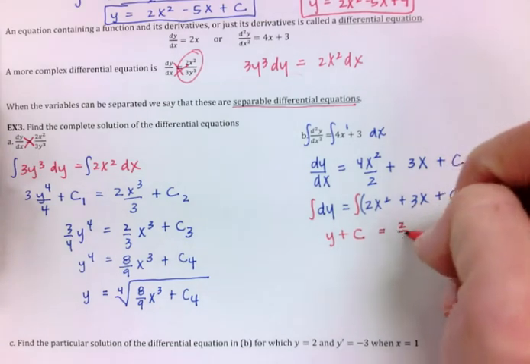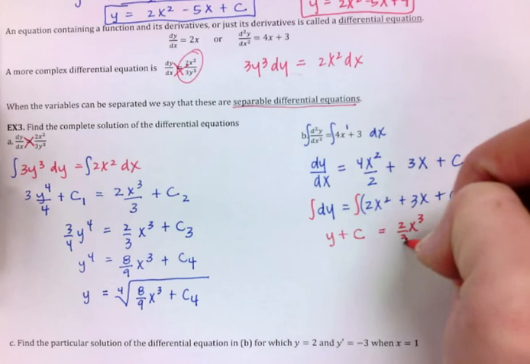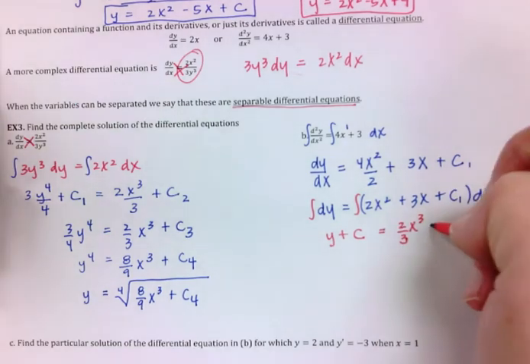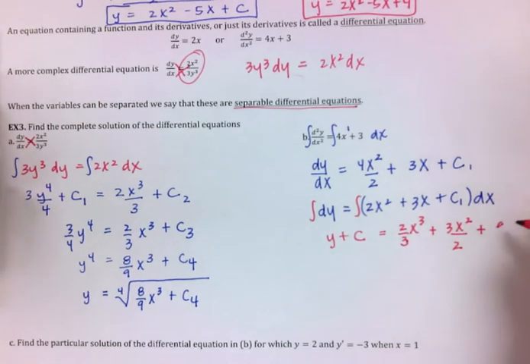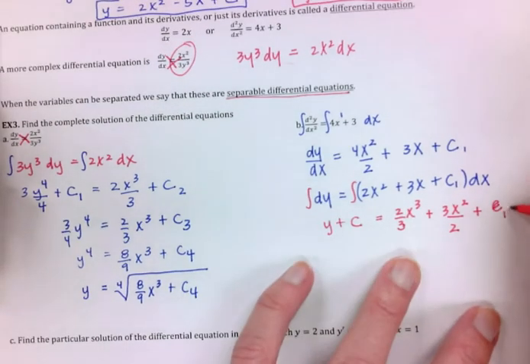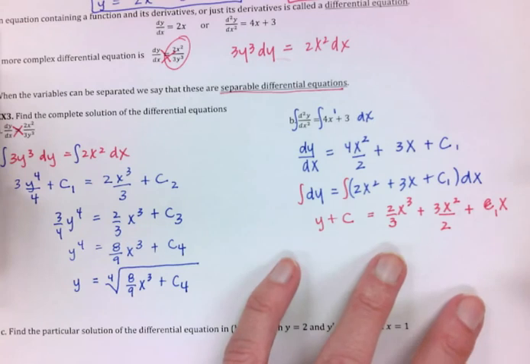And this is going to be 2x, bumped up one, so you get 3 at the bottom, plus 3x bumped up to a squared, so divide by 2, and then this is a constant, and a constant is that constant times the variable of integration, so ours is x.